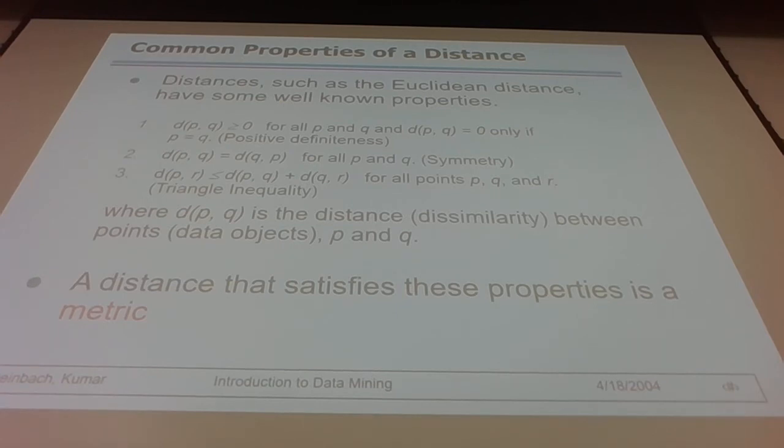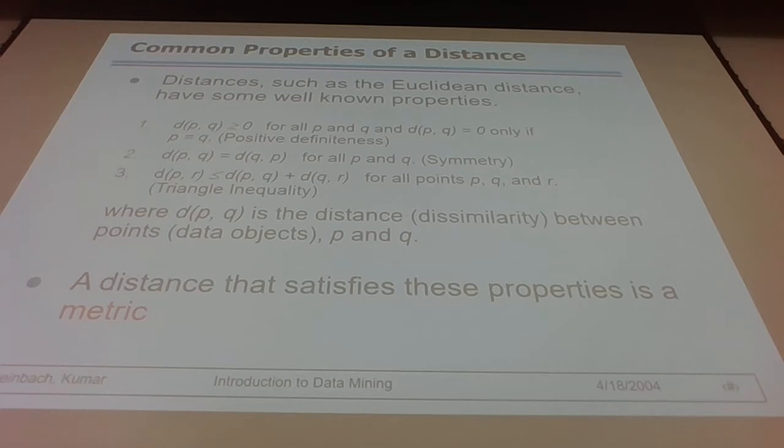So a distance that satisfies these three properties is called a metric. If I ask what is your metric, you have to define it in such a way that it follows positive definiteness, symmetry, and the triangle inequality. It has to follow them.